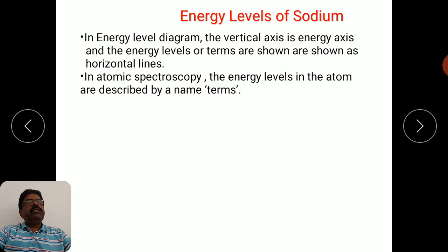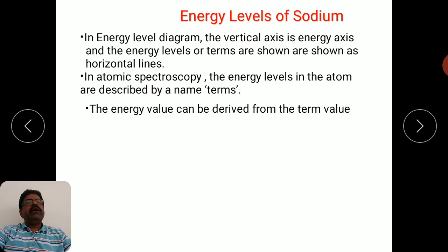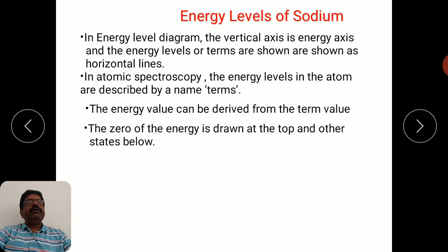So these terms represent the energy levels of a particular atom. The energy value can be derived from this term value, and on the energy level diagram, the zero of the energy is drawn at the top and the other values are shown in a downward way.